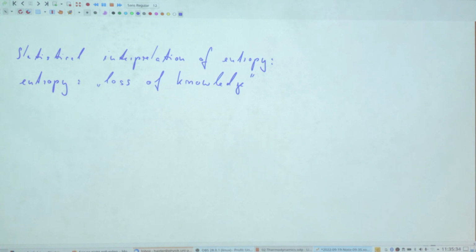And the second law of thermodynamics, that entropy normally increases, just means, in a very simplistic way to say it, that things go to the more probable more often than they would go to the less probable.